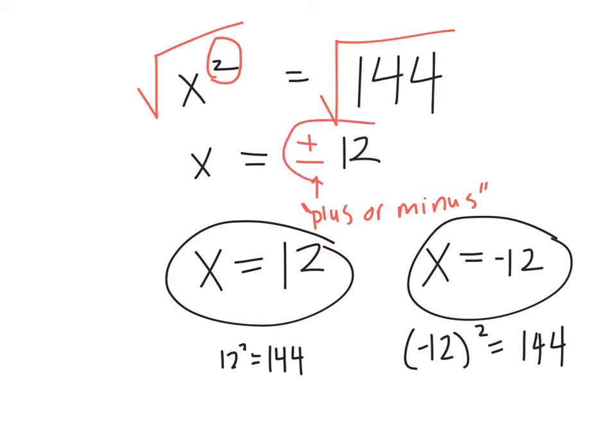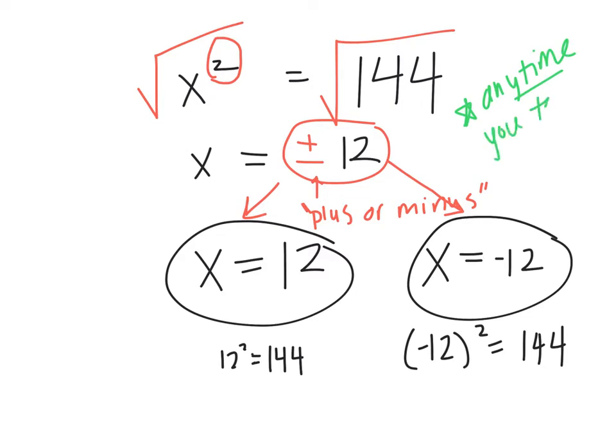This one symbol says positive 12 and negative 12 are your answers. It's very, very important that anytime you take a square root in an equation, you should use plus or minus. Very important.